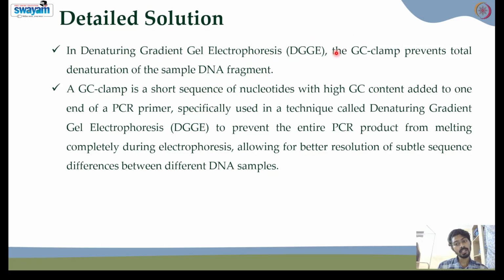And we have to understand what a GC clamp is. A GC clamp is nothing but a short sequence of nucleotides with high GC content that is added to one end of the PCR primer. That's why this technique is called denaturing, while using a denaturant either by increasing the temperature or using an appropriate denaturant like formaldehyde or urea, and we run the gel electrophoresis to prevent the entire PCR product from melting completely during the electrophoresis.